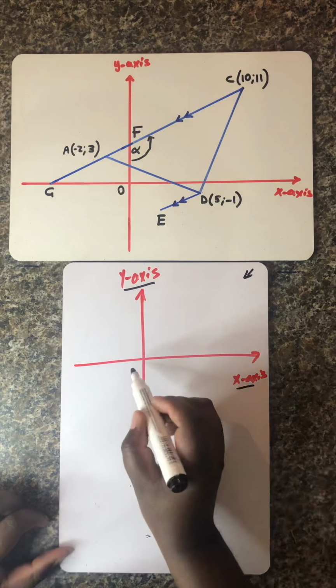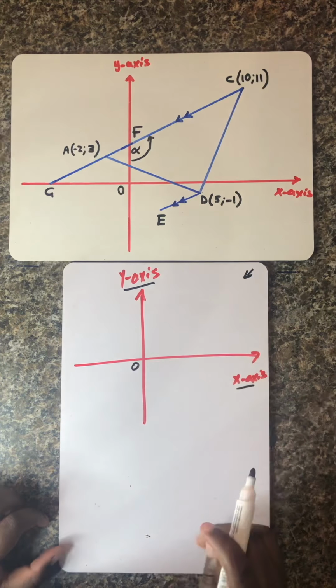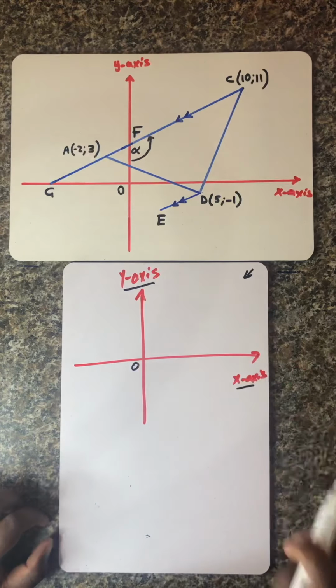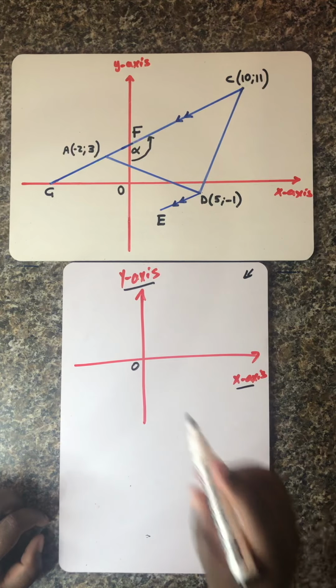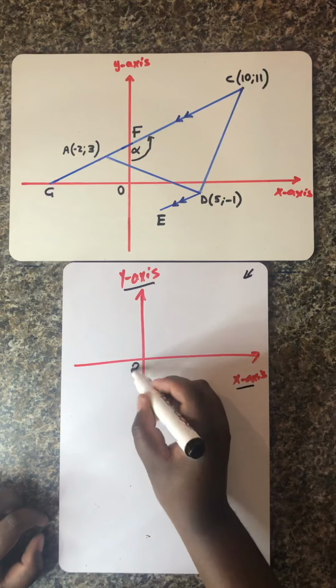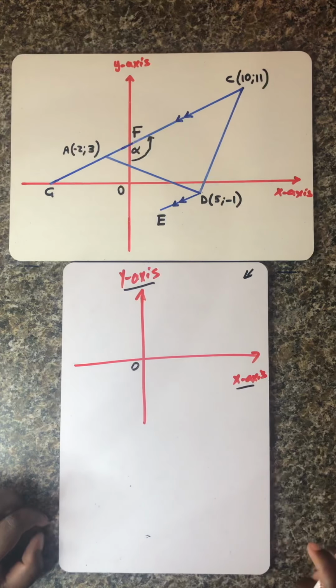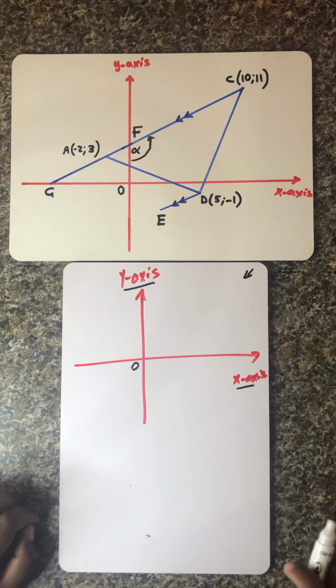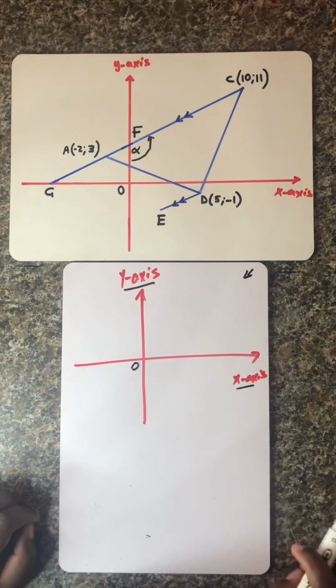We call the point of intersection of the two axes the origin. This is where you've got the 0 point. Very much important that you understand the Cartesian plane. Why? Because all the functions are drawn on this Cartesian plane.